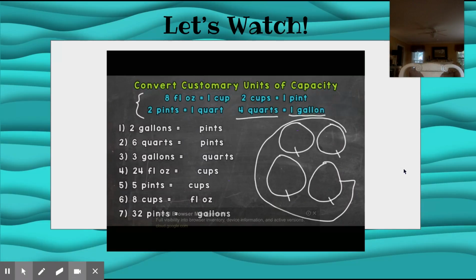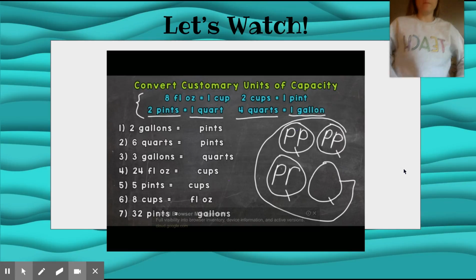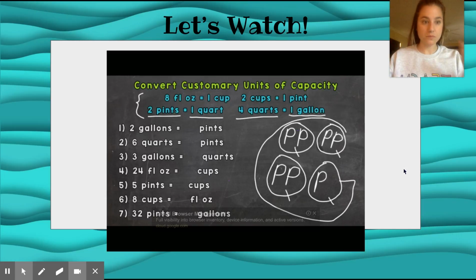Yours is probably going to be neater than mine. So next, in each quart, we need 2 pints. So 2 pints equals 1 quart, and 8 pints fills 1 gallon, or equals 1 gallon.